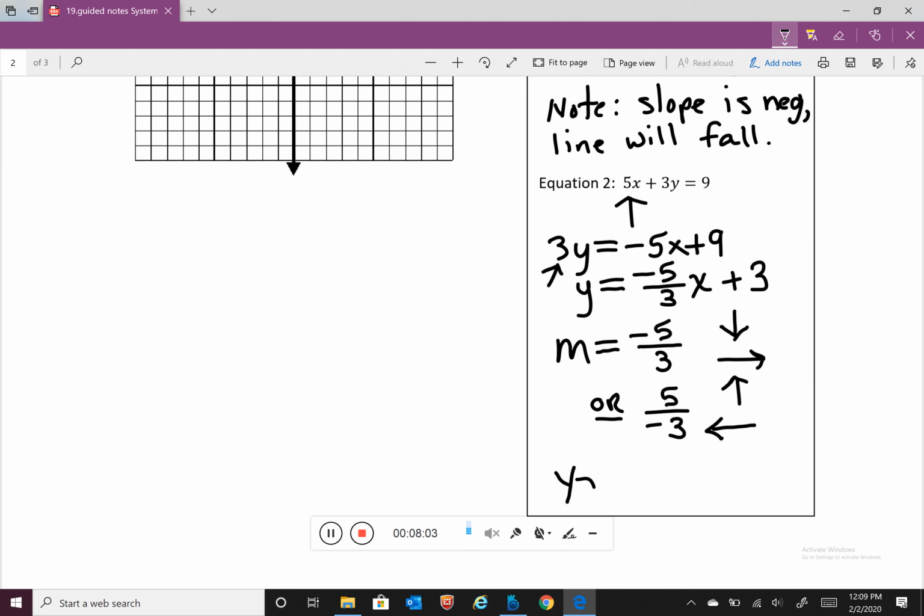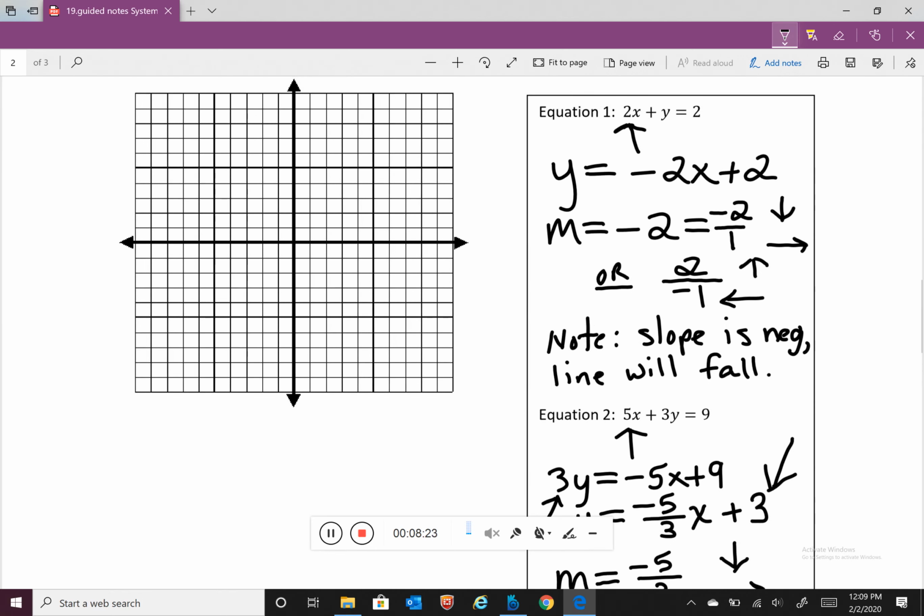So the y-intercept for our second line depends on the constant, and so our y-intercept is 0, remember always as a point, comma 3.